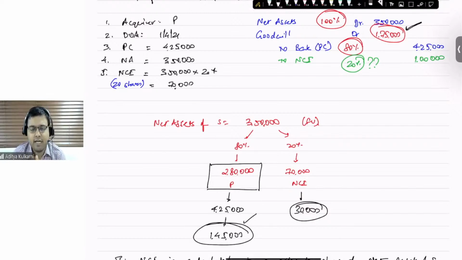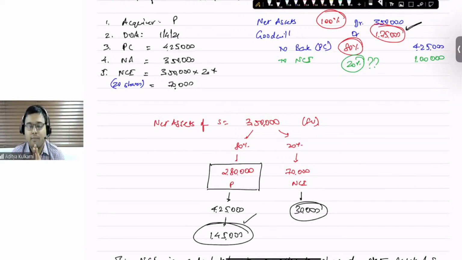Goodwill attributable only to the parent. In the second case, when NCI is at fair value, the goodwill will be attributable to both the parent as well as the NCI.